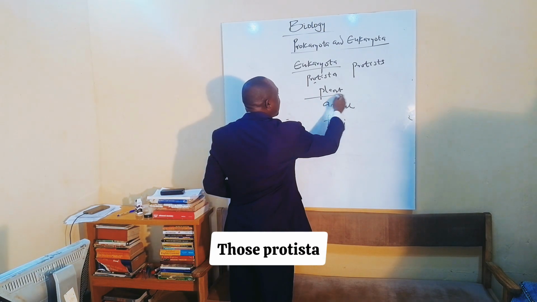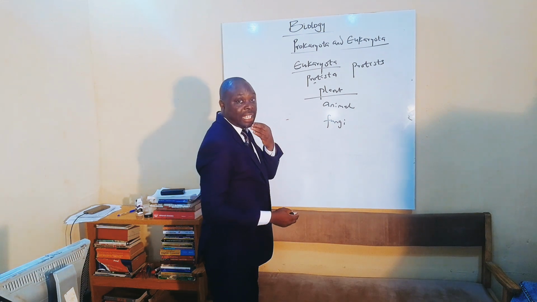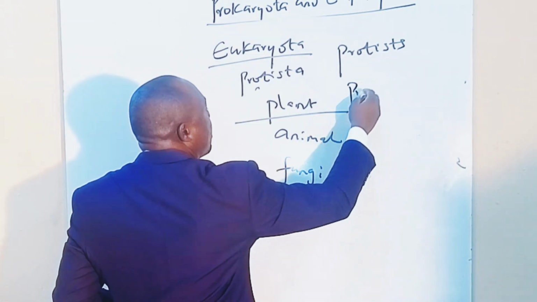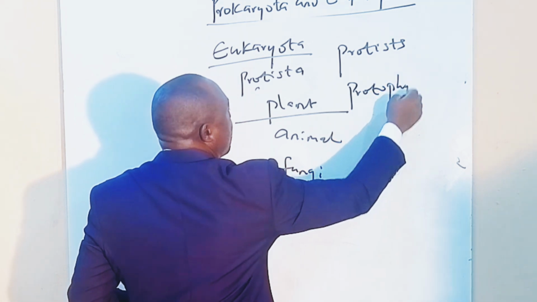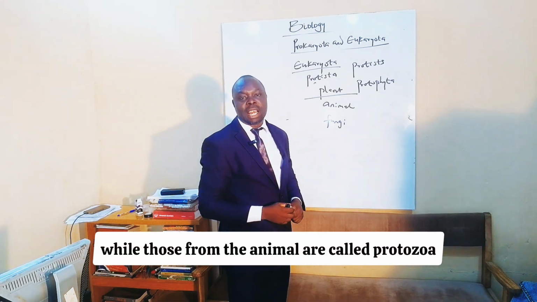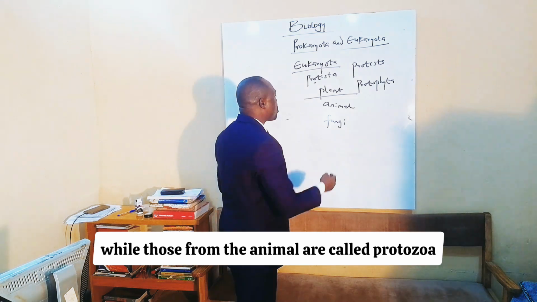Those protista from plants are called protophyta. While those from the animal are called protozoa.